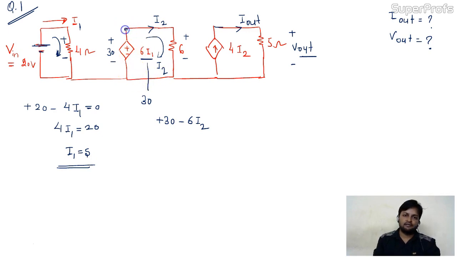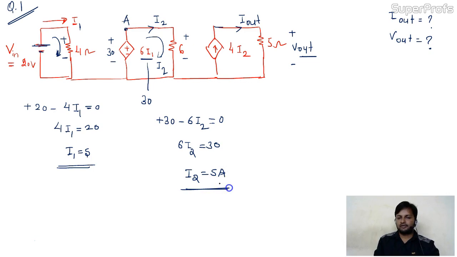If we analyze the circuit, we start from one point and come back to the same point, so this is a closed path and equal to 0. So 6I2 is nothing but 30, so I2 is also 5 ampere.